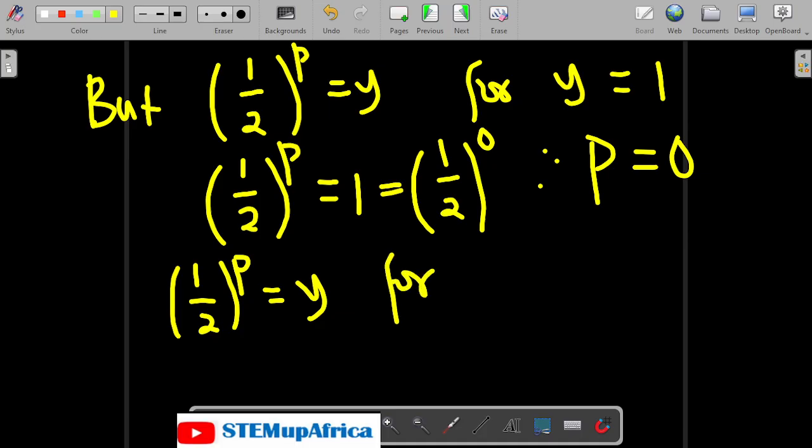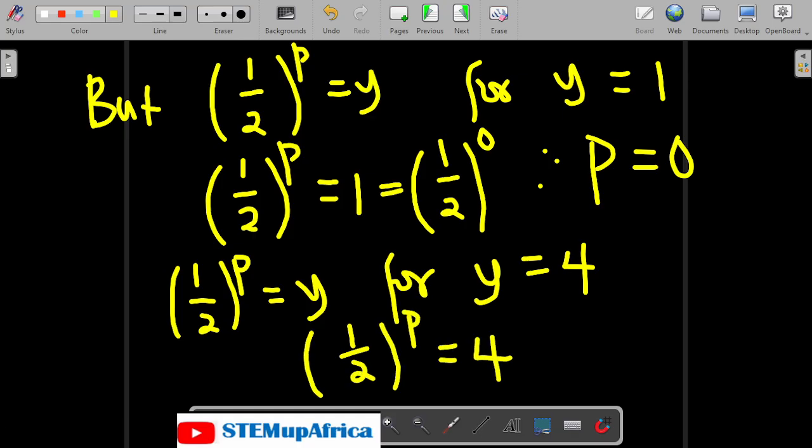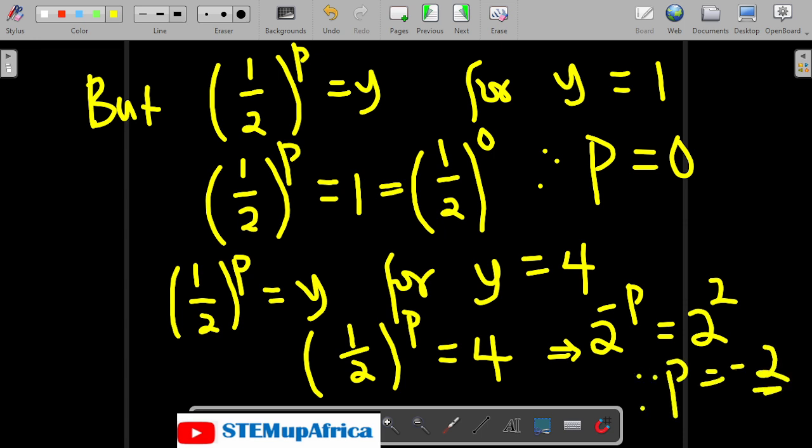This time around for y equals to 4, I'm having 1 over 2 raised to the power p equals to 4. So if I apply the law of indices to the left hand side, that will give us 2 raised to the power minus p is equal to 2 raised to the power 2. Therefore, our p is minus 2.